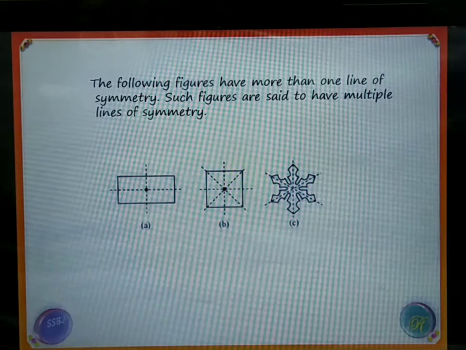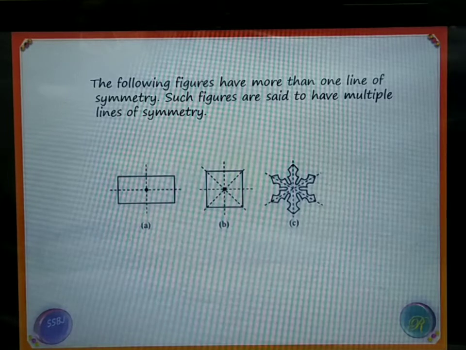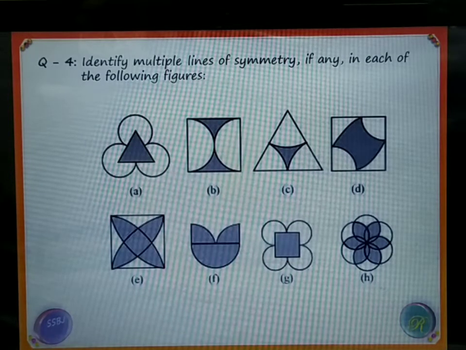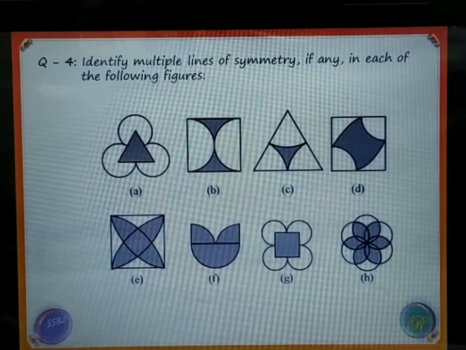The following figures have more than one line of symmetry. Such figures are said to have multiple lines of symmetry. Question number 4. Identify multiple lines of symmetry, if any, in each of the following figures. Solution.